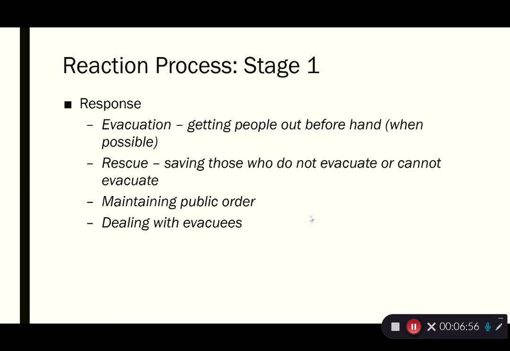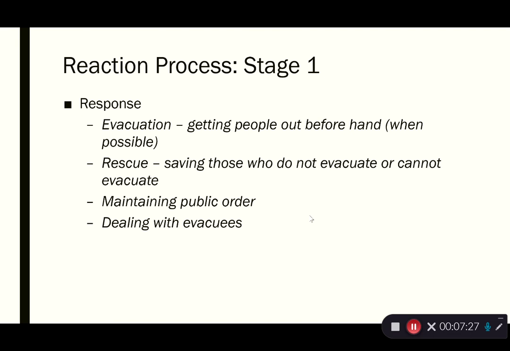You want to maintain public order. That's certainly a part of the response process. Make sure there's not looting, make sure people are protected and kept safe. You don't have any sort of riots or other issues happening, and dealing with evacuees. And that can oftentimes happen hundreds of miles from where the disaster happens. Certainly in Texas, when people evacuate from hurricanes moving into the Gulf Coast, they'll come all the way up to Austin, which is a couple hundred miles from the coast.